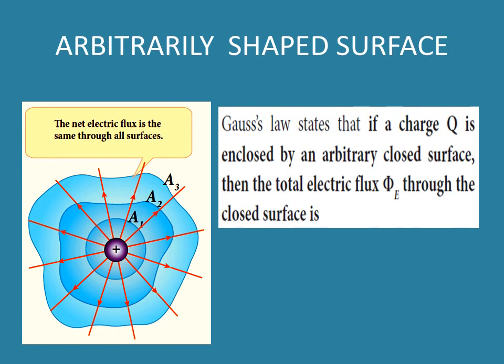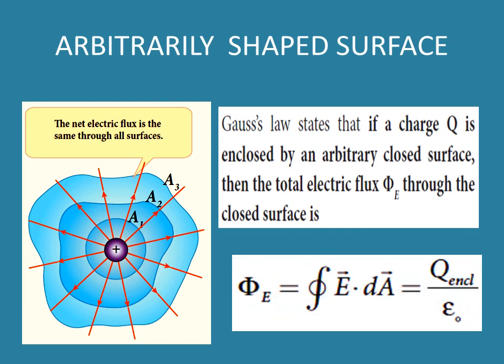Gauss law states that if a charge Q is enclosed by an arbitrary closed surface, then the total electric flux psi through this closed surface is psi equal to the closed integral of E dot dA vector, which is equal to Q enclosed by epsilon naught.